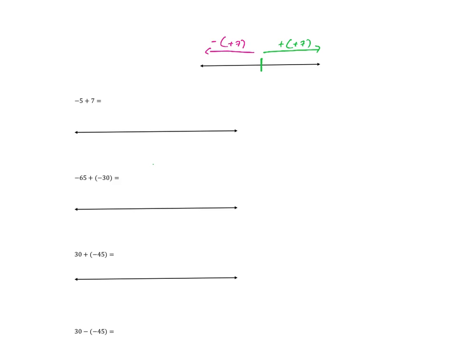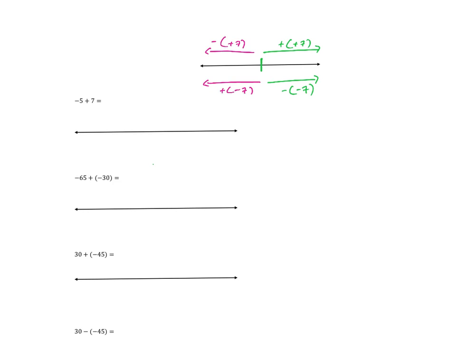What we discussed was also that if we add a negative 7, we're going to go to the left. If we subtract a negative 7, we're going to go to the right.